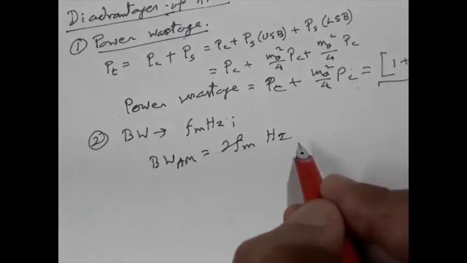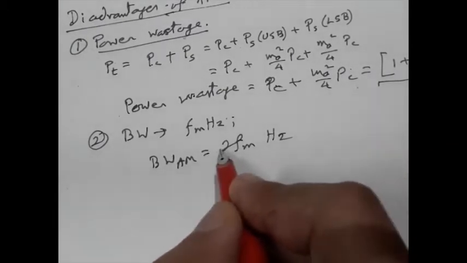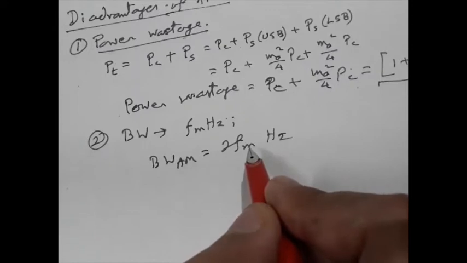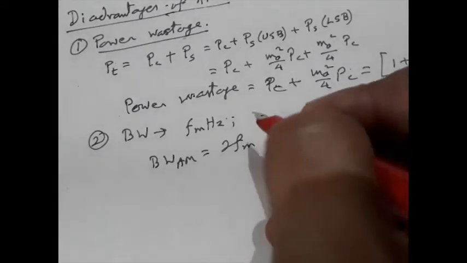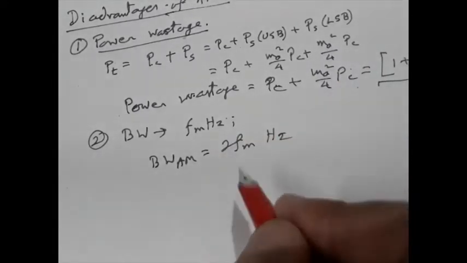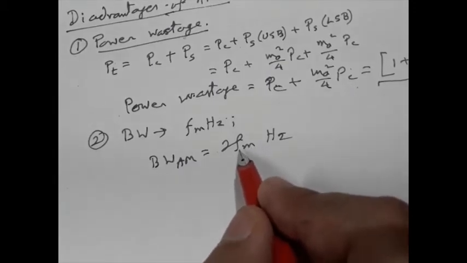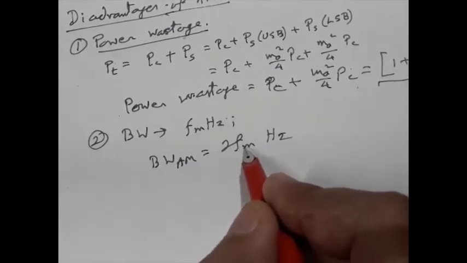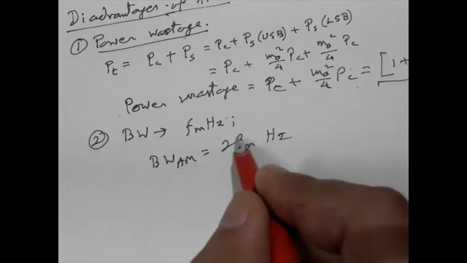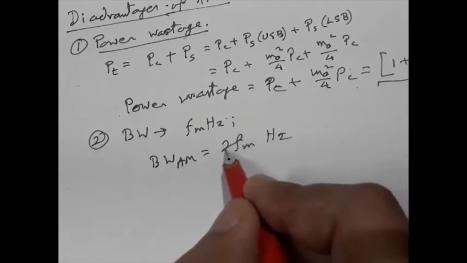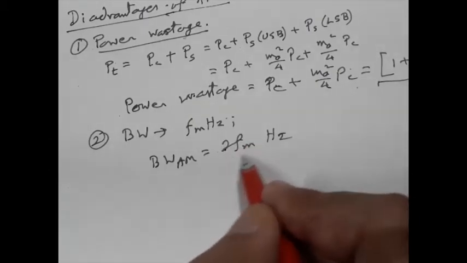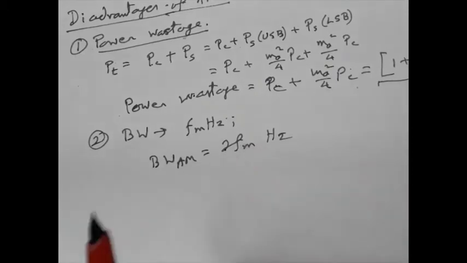That means bandwidth requirement is higher than its baseband. Though we will see later on that compared to FM, the bandwidth is smaller. But still, compared to baseband signal, the bandwidth is doubled. So larger bandwidth is required to transmit AM compared to the baseband signal.